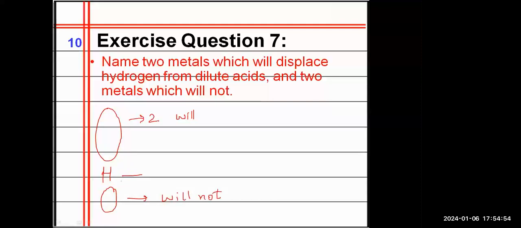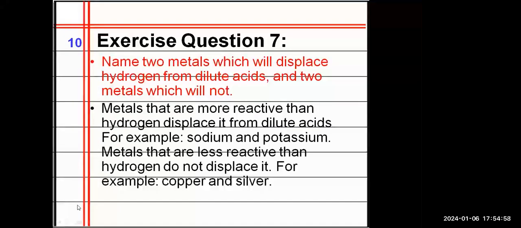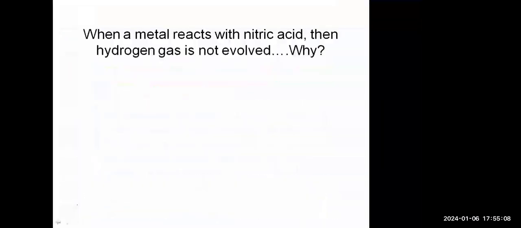Right? So you need to remember the reactivity series. So this is the answer over here. You can read it. Sodium and potassium will react. Copper, silver, platinum, gold will not.